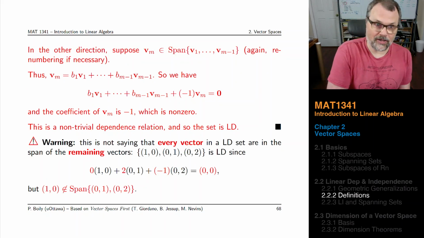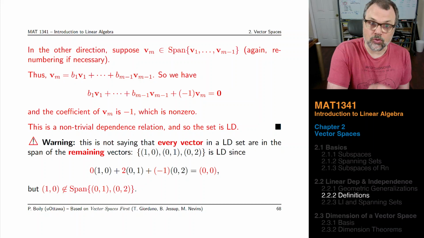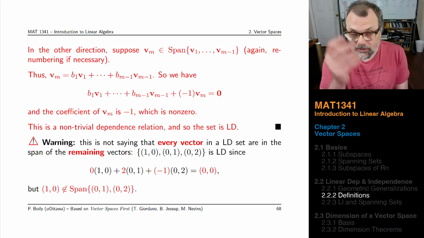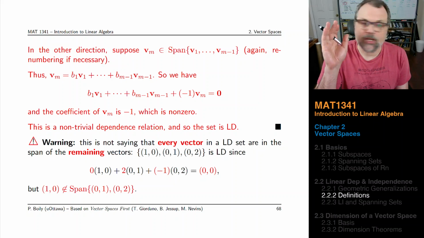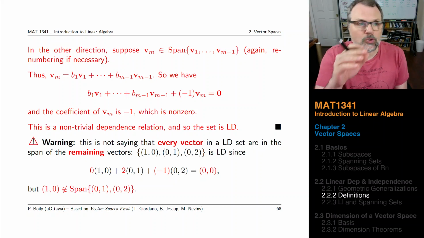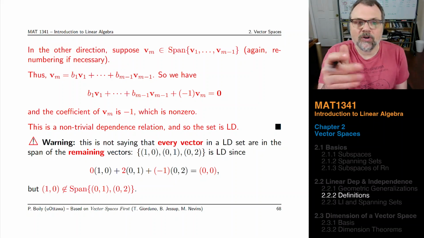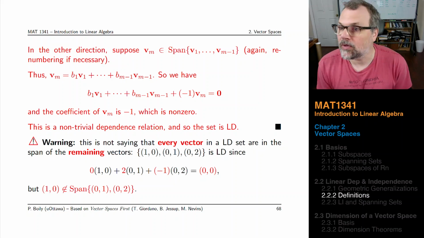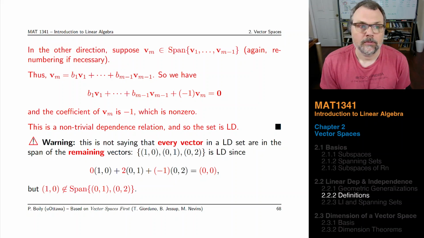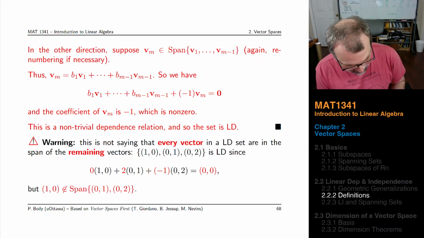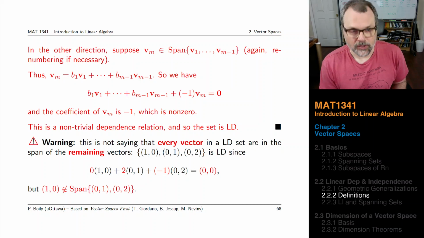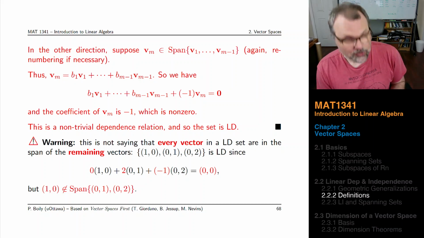In the other direction, let's assume that, we'll take the last one here, we could rename them or renumber them if we must, but let's assume that vm is that one vector which is in the span of the other ones. Then, if that's the case, vm can be written as a linear combination of v1, v2 all the way up to vm minus 1.